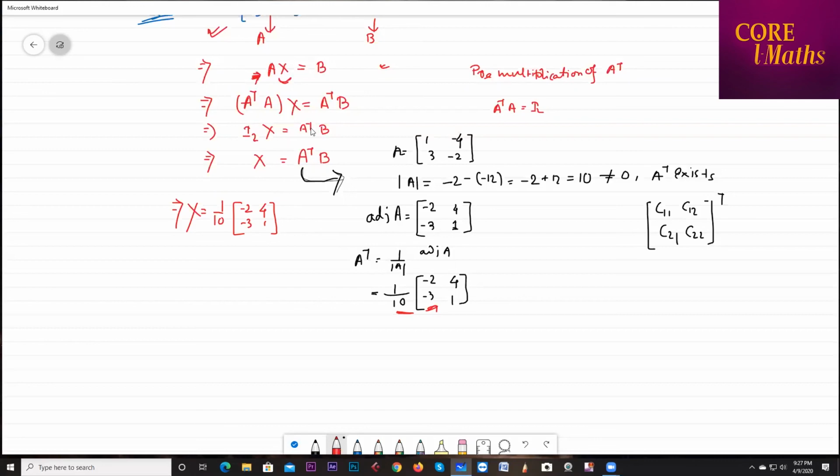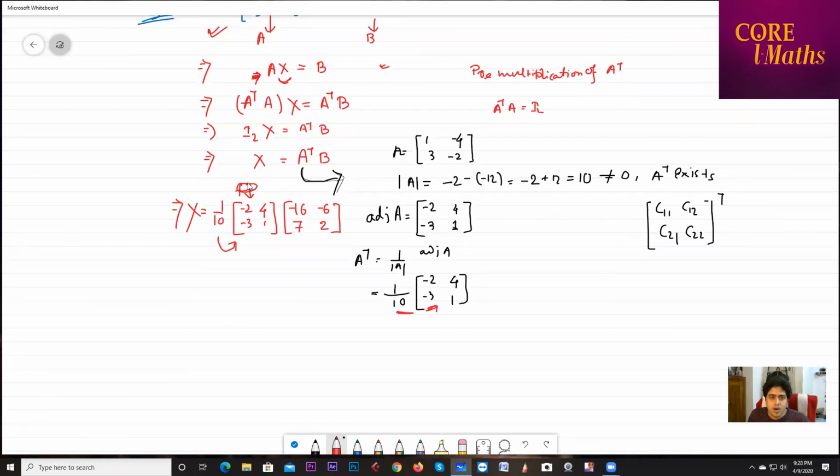What is our B? Minus 16, minus 6, 7, 2. Why am I not multiplying? Because if we multiply, then that part will come as a fraction, and to avoid the fractional part, since the calculation will be much more critical.